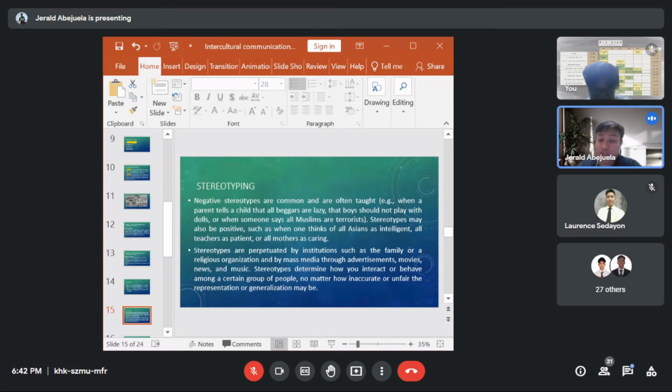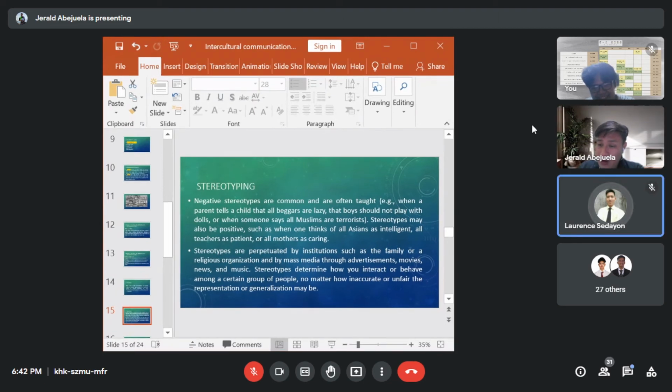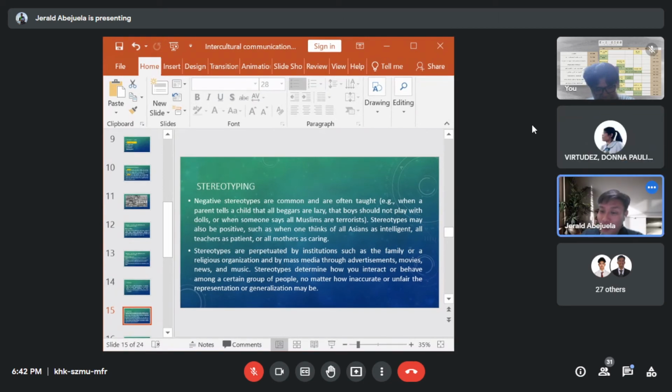Because according to the Badjao people, it is better for them to beg rather than to work, rather than to die in starvation, etc. Okay? So hindi naman sa sila ay tamad, kundi ang kultura kasi nila ay mas maganda na lang yung manghingi, magbeg, kaysa naman sa mamatay sila ng gutom or mamatay ng whatever. Okay? That's why they are doing that.